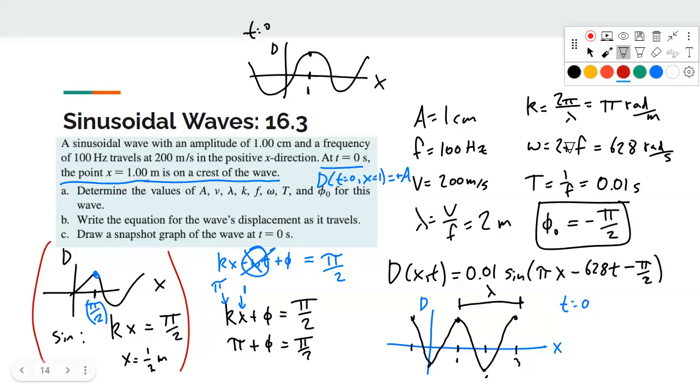It would look like this plot, where this crest pi over 2 occurs at 1/2 a meter. So you can see how that negative phase has shifted this function to the right. By having a phase of negative pi over 2, we've shifted the whole thing to the right, such that instead of having the first crest at 1/2 a meter, it's now at 1 meter. Moved it to the right by subtracting something from the argument.